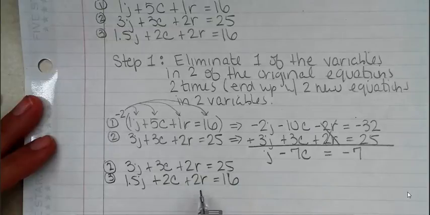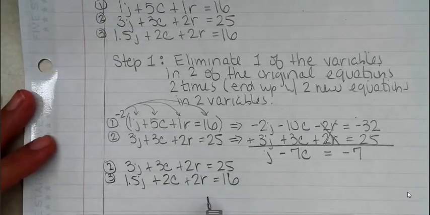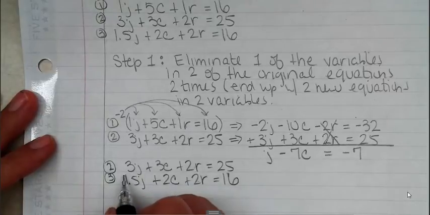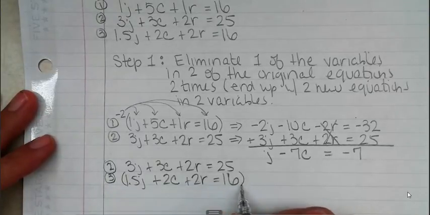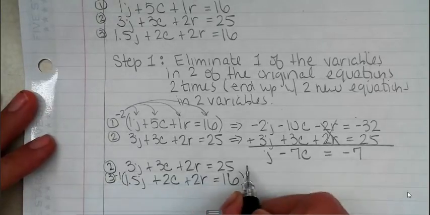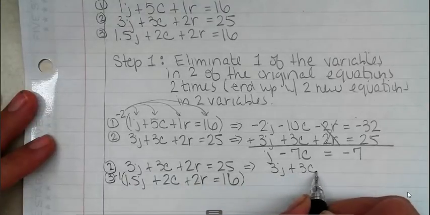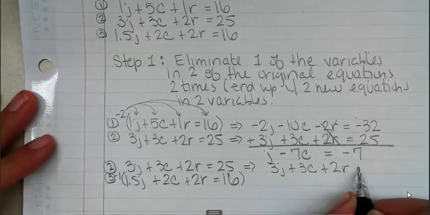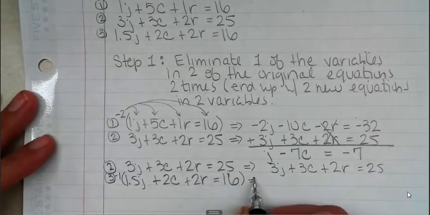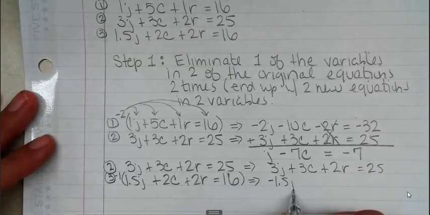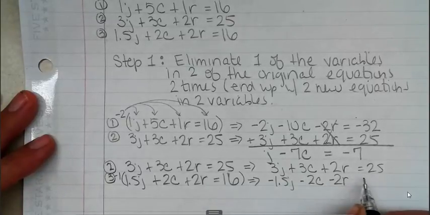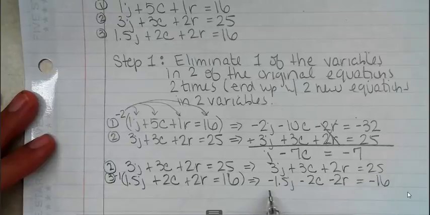Okay, so now I want the r's to cancel out. So that means, well, right now they're exactly the same numbers, so I need them to be opposite. So I'll multiply the bottom by a -1. So I get 3j plus 3c plus 2r equals 25 for that one. And then this one becomes -1.5j, -2c, -2r equals -16.